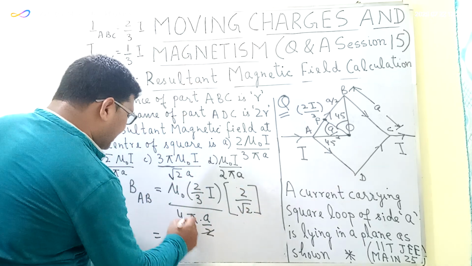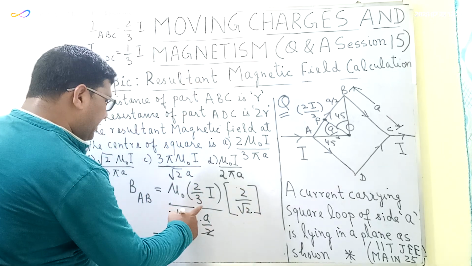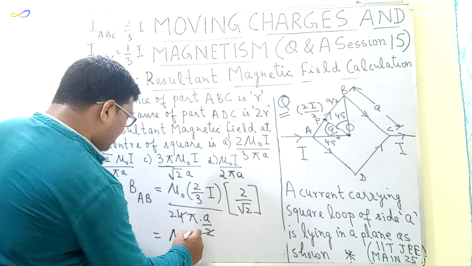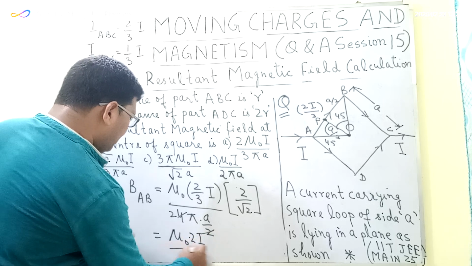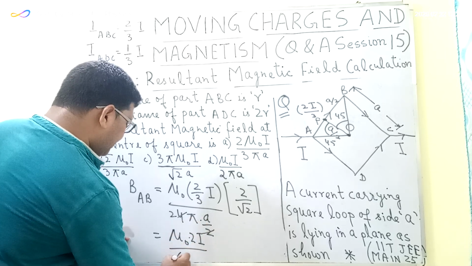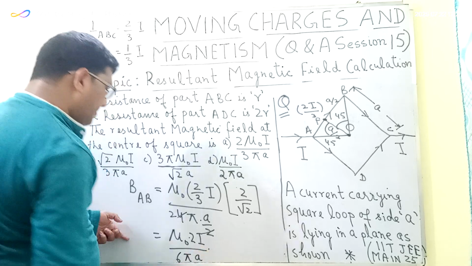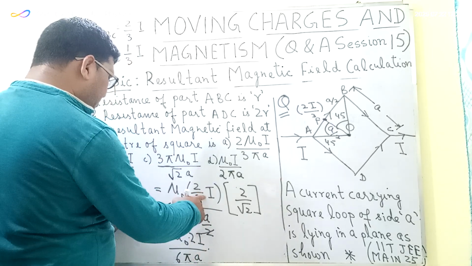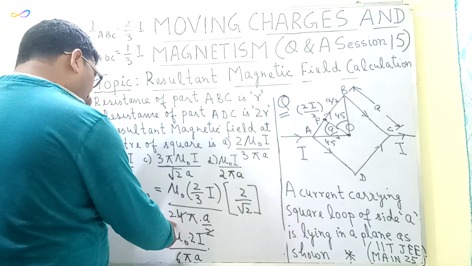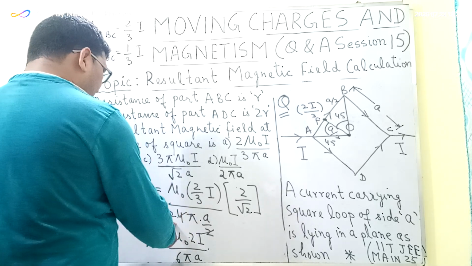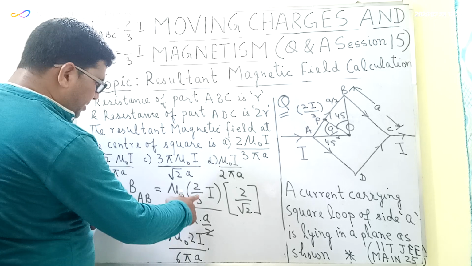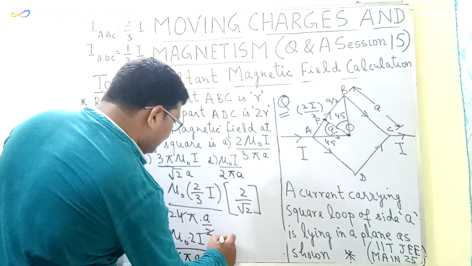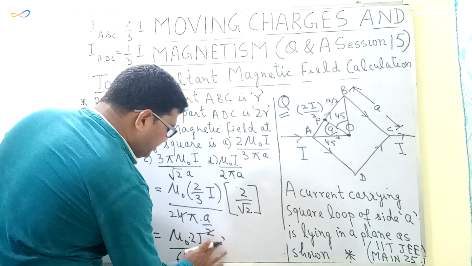So this will get cancelled out and I will be getting mu naught into 2I divided by 6 pi a. This is mu naught I into 2, and this 3 will come in the denominator. So this is equal to 6 pi a, and this is equal to 2 upon root 2, and 2 upon root 2 can be written as root 2.